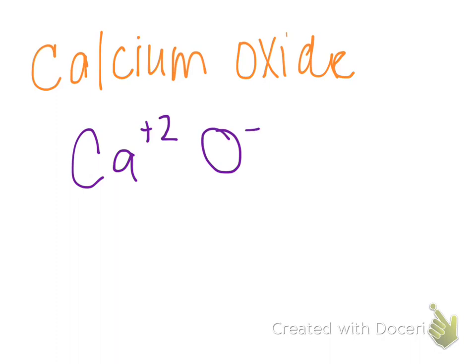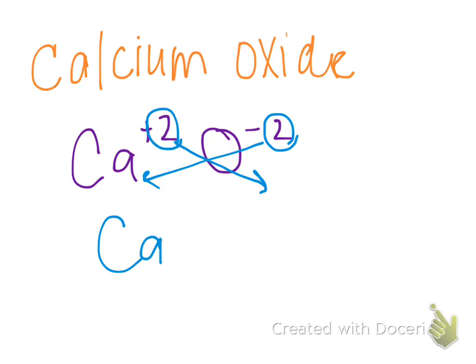Oxygen has a charge of -2. So if we do our crisscross, that leaves us with Ca2O2.